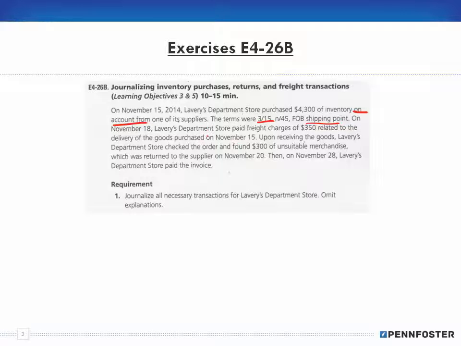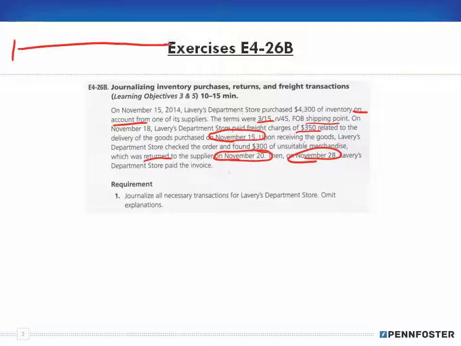On November 18th, Lavery's department store paid freight charges of $350 related to the delivery of the goods on November 15th. Upon receiving the goods, Lavery's department store checked the order and found $300 of unsuitable merchandise, which was returned to the supplier on November 20th. Then on November 28th, Lavery's department store paid the invoice.